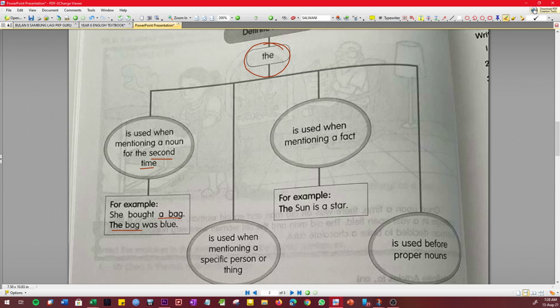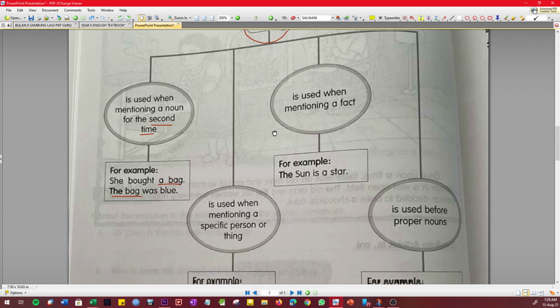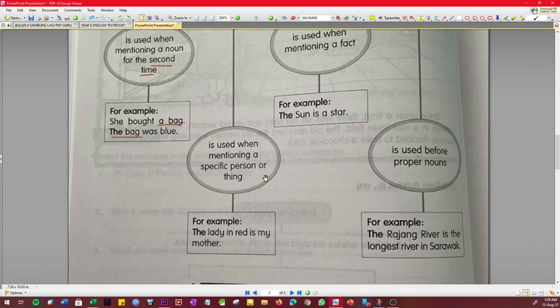Right? Next. The is used when mentioning a specific person or thing. Example, the lady in red is my mother. Right? Specific. The keyword here is specific. So, how do you know it is specific? There is adjective for the noun.